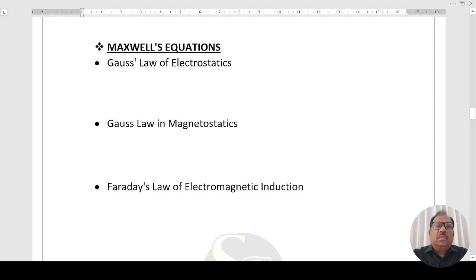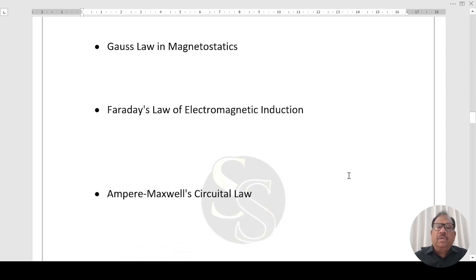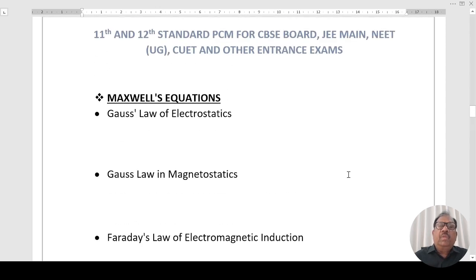Now to discuss Maxwell's equations. Maxwell's equations are Gauss's law of electrostatics, Gauss's law in magnetostatics, Faraday's law of electromagnetic induction, and modified Ampere circuital law, the Ampere-Maxwell circuital law.